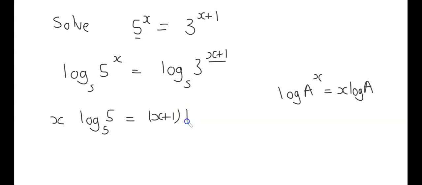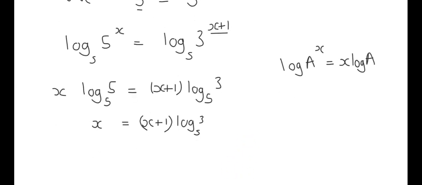So I'm going to put a bracket around it just to avoid confusion, and then we have that. Now log of 5 to base 5, that's actually 1, because it's saying how do we get from 5 to 5 using powers only, that's just going to be 1, so we can rewrite the left hand side as x, and then (x plus 1) log 3 to base 5.